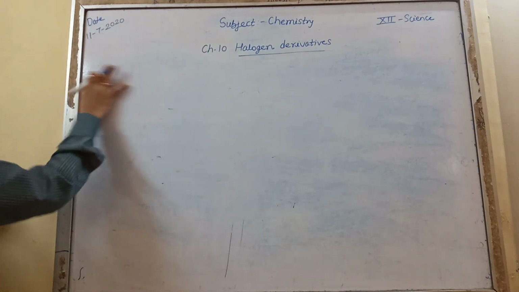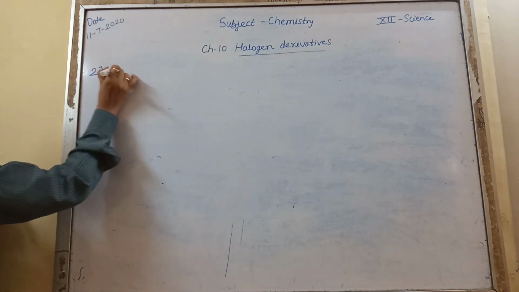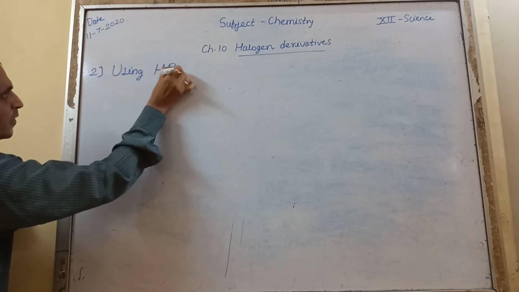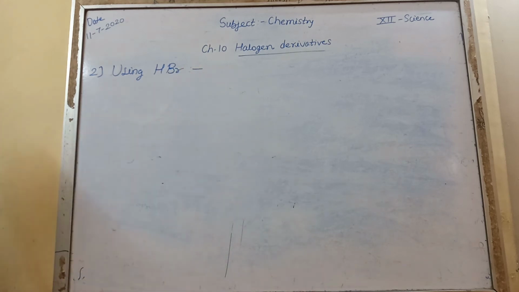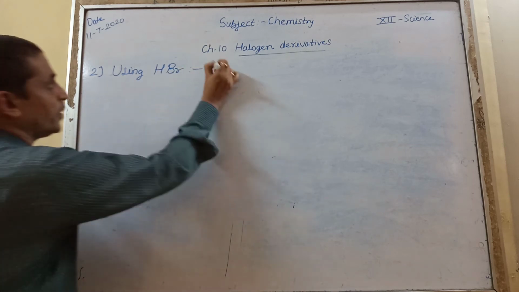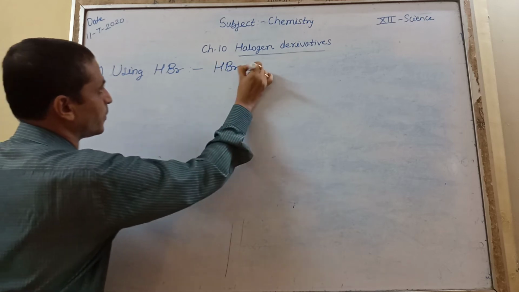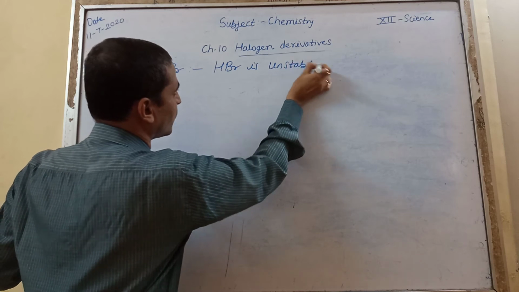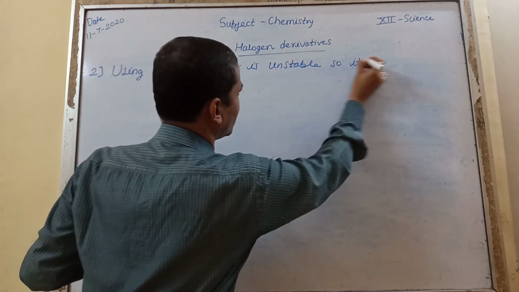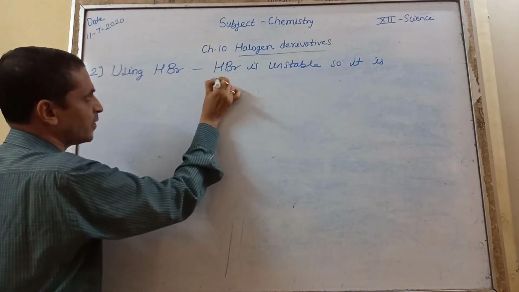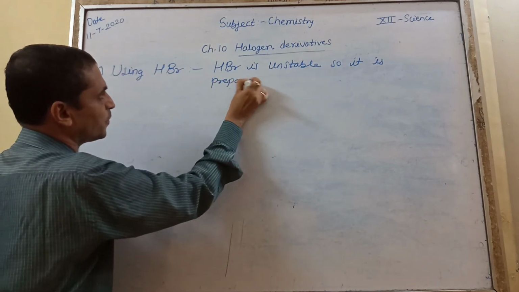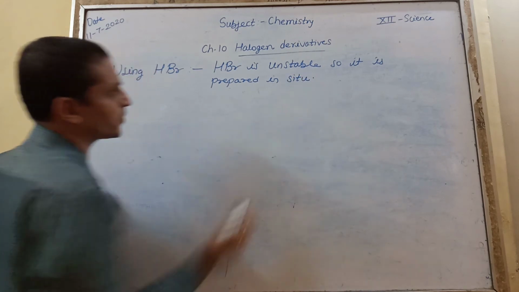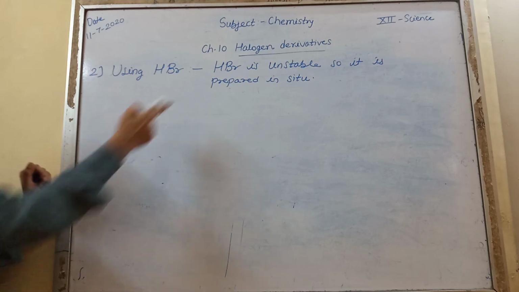That is second, using HBr. First of all, HBr is unstable. So it is prepared in situ. In situ means within the reaction mixture, because we cannot store HBr.